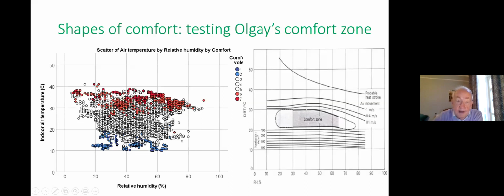The data we have here suggests that a lot of people can be comfortable quite a way outside that, up to 35 degrees. There are still quite a lot of people who are comfortable. And at the bottom, Olgay was saying 20 degrees. In fact, people can be comfortable down much closer to 10 or 15 degrees.